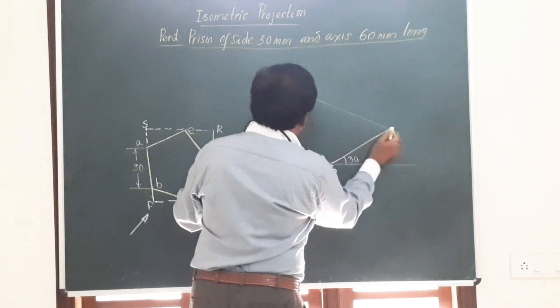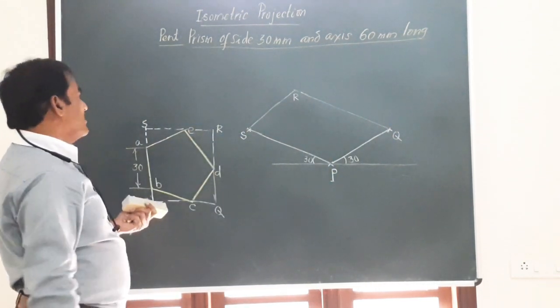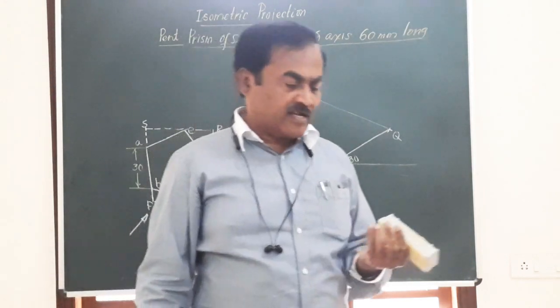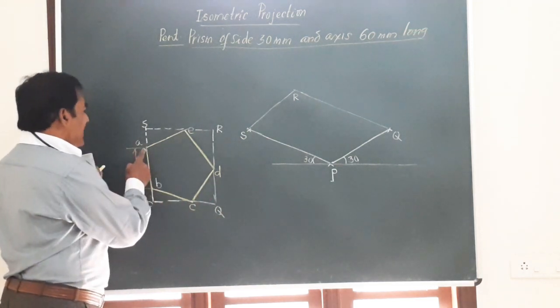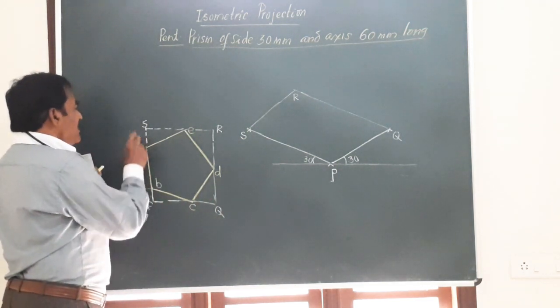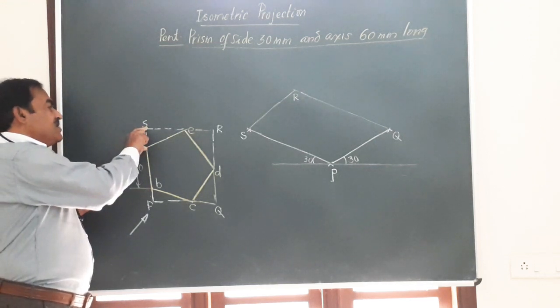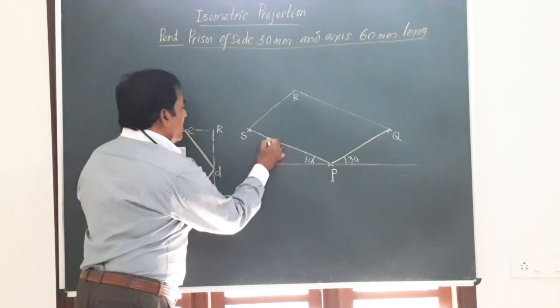So what are the dimensions you have got here is converted to ISO. Friends, now we know how to construct the pentagonal base. Now here let me start with the corner A. Corner A is at this distance from S. Take the measurement, convert that to ISO, locate A. So I will get this point A here.